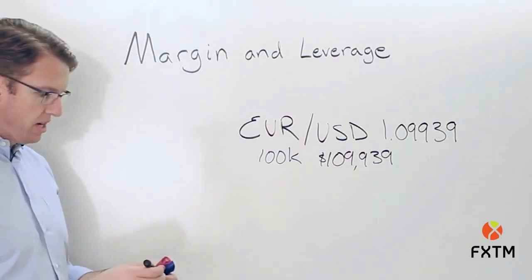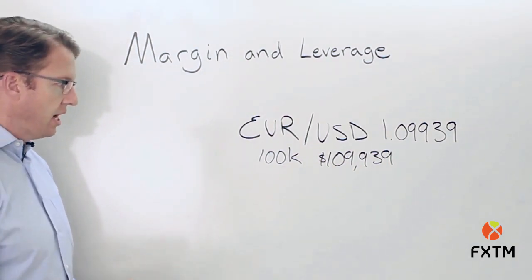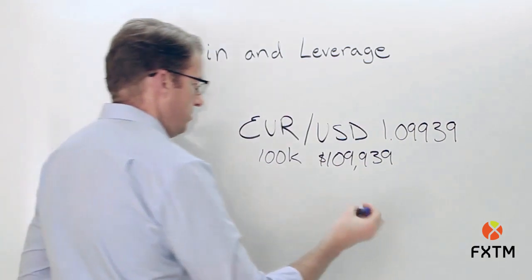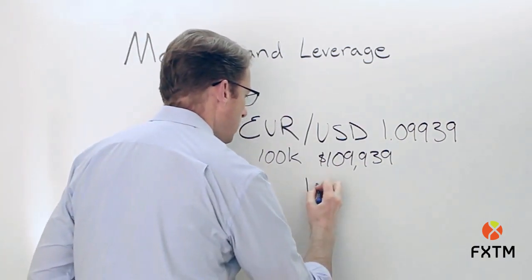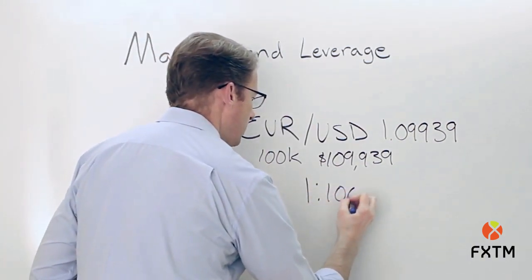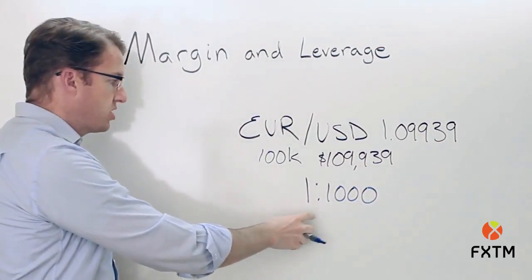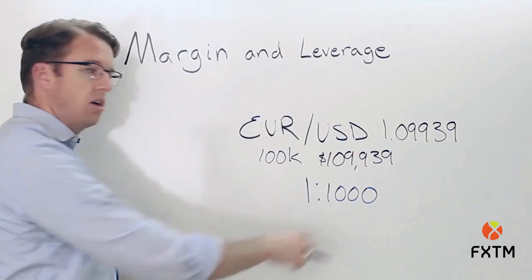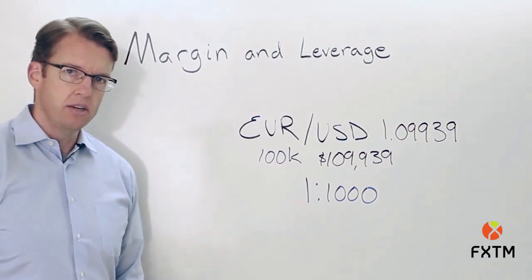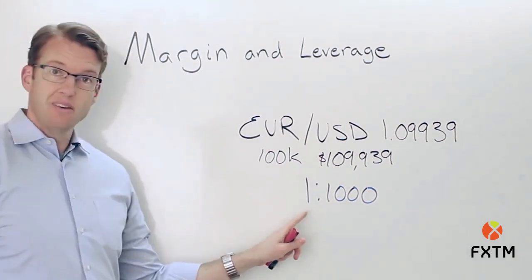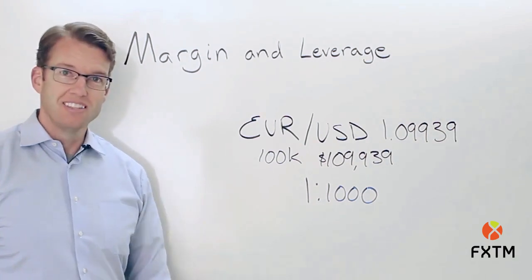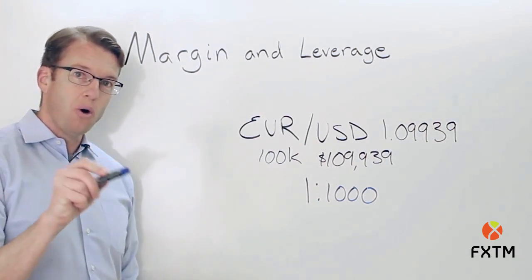Well, let's say our leverage ratio is 1 to 1,000. That means that for each dollar of margin, we're controlling $1,000 worth of notional value. So if we take 1 and divide it by 1,000, we get 0.001.